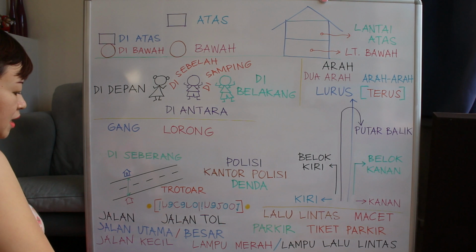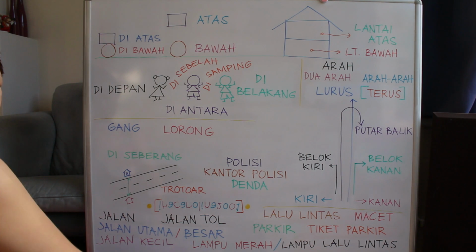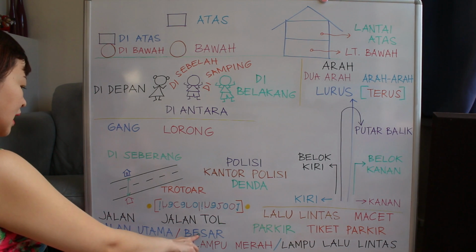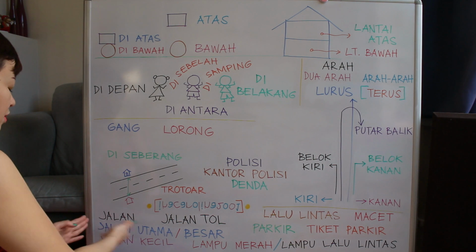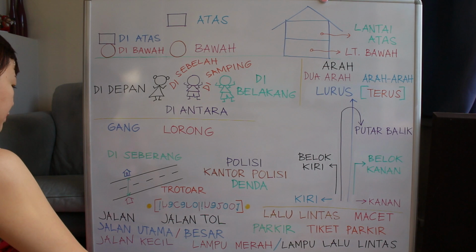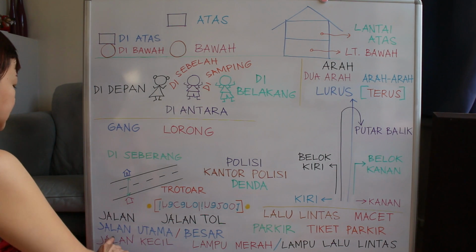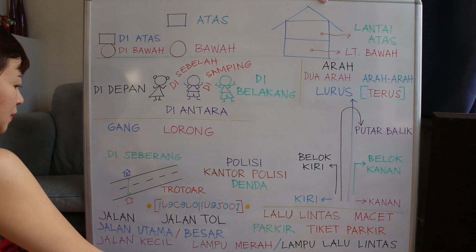Or we can also say big road. Besar, big. Jalan besar. So the road first and then big. Road big road. Jalan besar.